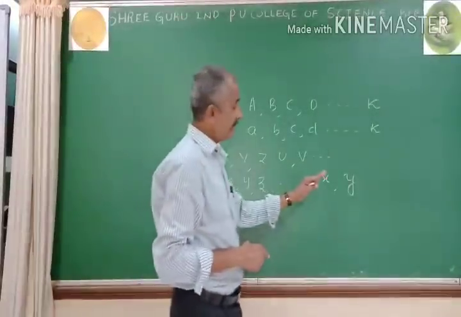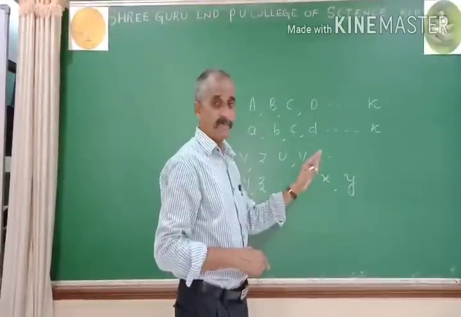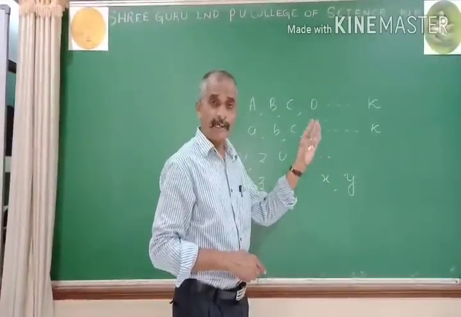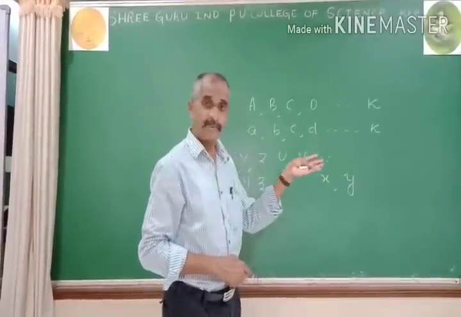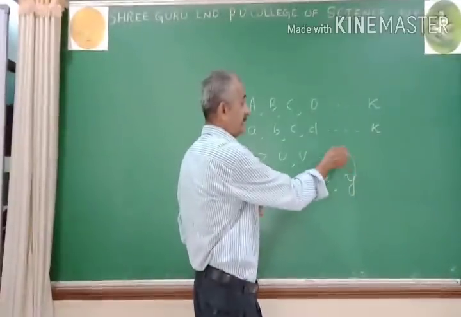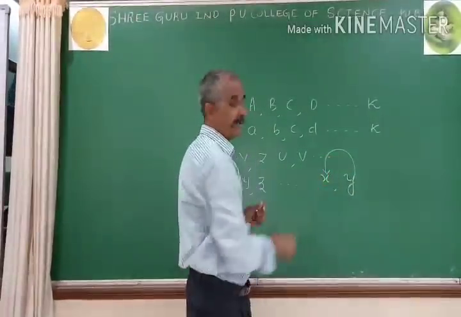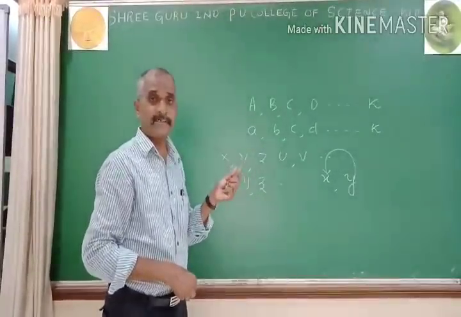If one variable depends on another variable, that means one variable takes value from the other variable, that means one variable changes with respect to the other variable. In particular, if y changes with respect to variable x, then we say that y is dependent on x.